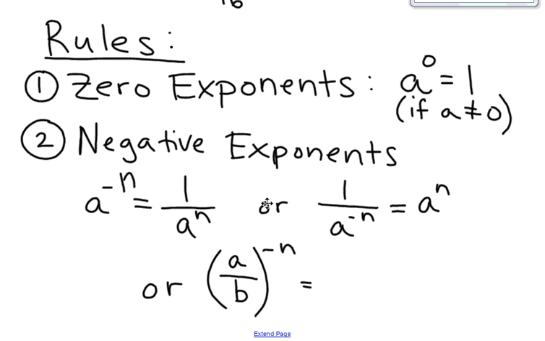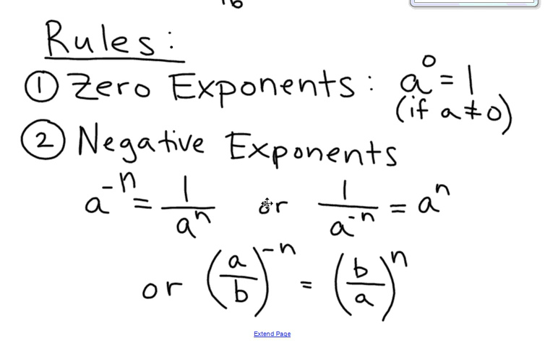Whatever's in the numerator with a negative exponent goes to the denominator, and vice versa. So if you have a fraction to a negative exponent, all you have to do is flip the fraction and make the exponent positive.